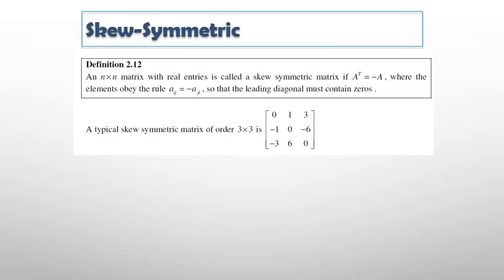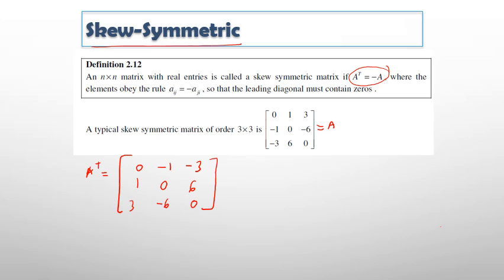Next is skew-symmetric. If A transpose gives you A, it is called symmetric. If A transpose gives you the negative of A, then it is called skew-symmetric. For this example, A transpose is equal to 0, negative 1, negative 3, 1, 0, 6, 3, negative 6, 0. This is not exactly equal to A, but it's actually the negative.